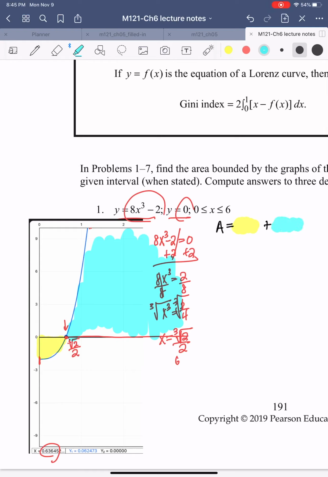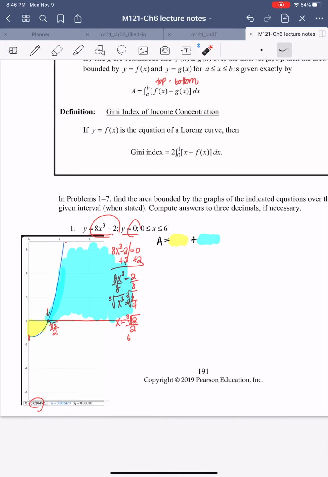We have to add them up, and we have to divide it because our top is on the yellow region, y equals 0, and then bottom is 8x cubed minus 2. But as soon as you go past that cube root of 2 over 2, it switches. Blue one is on top, and black one is on the bottom.